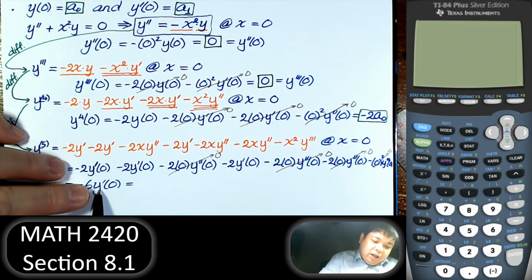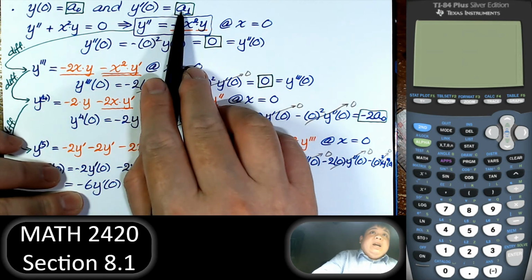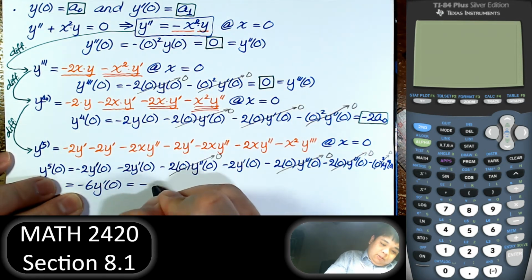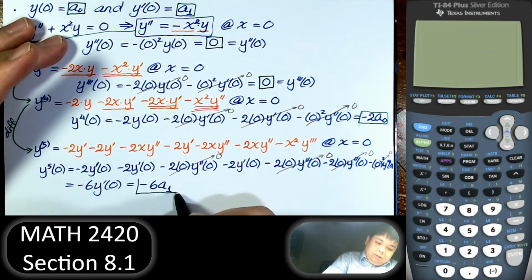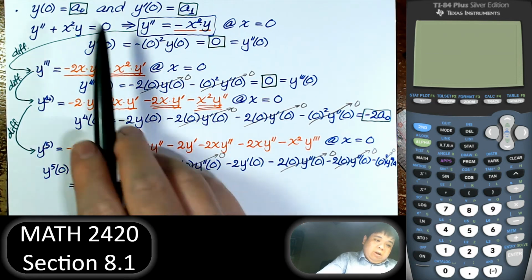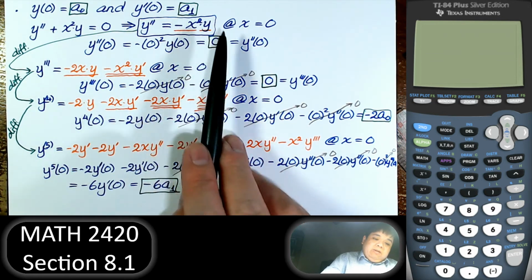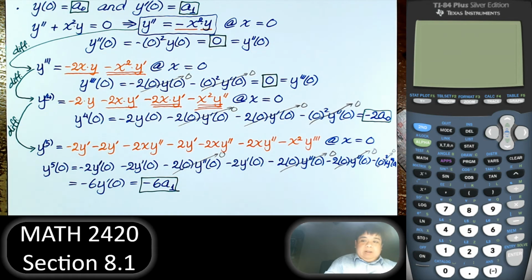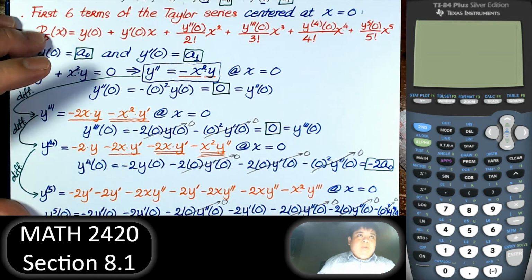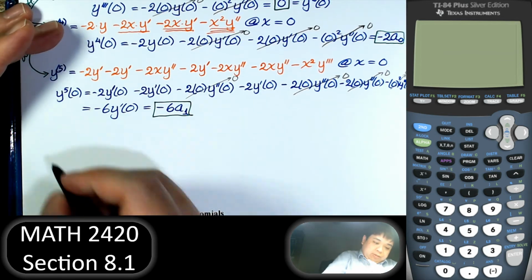And what is the derivative of y at 0? It would be a1, right? So the function, derivative, second derivative, third derivative, fourth derivative, fifth derivative, I put all of them back into the power series.